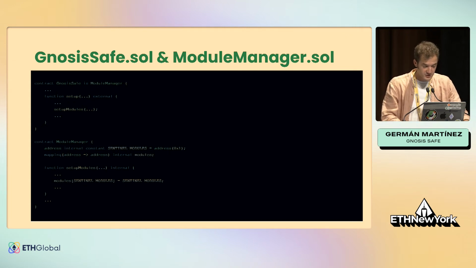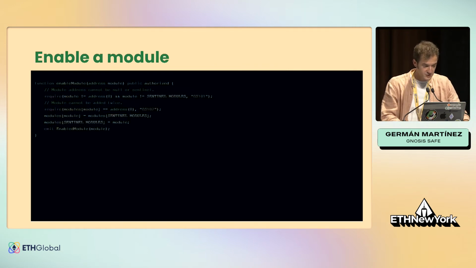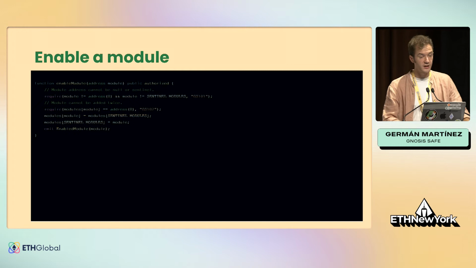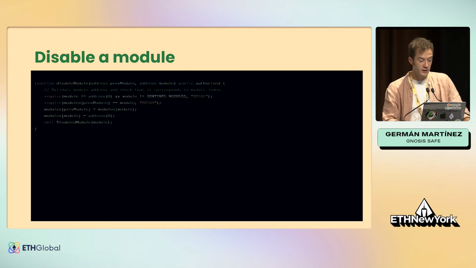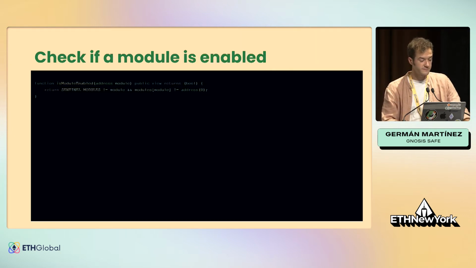I'm not going to go very deep into this. We can enable a module. The address we are using for the module cannot be null or the sentinel, and modules cannot be added twice. We can disable a module, making sure that the module was already enabled before.